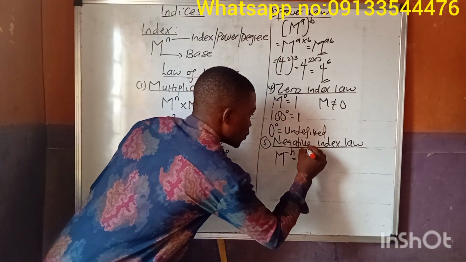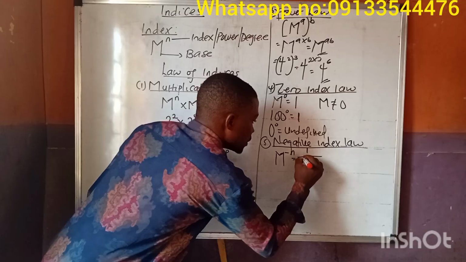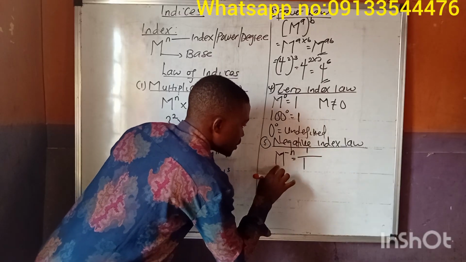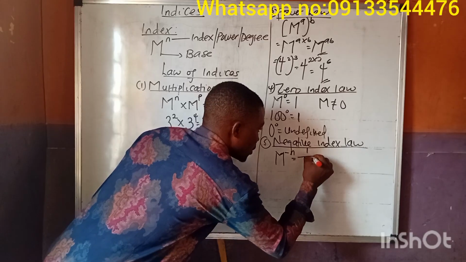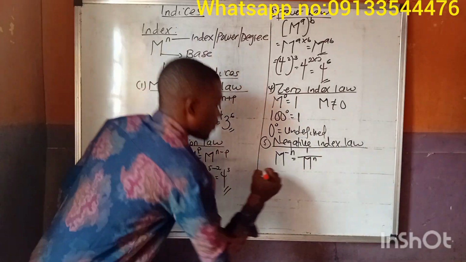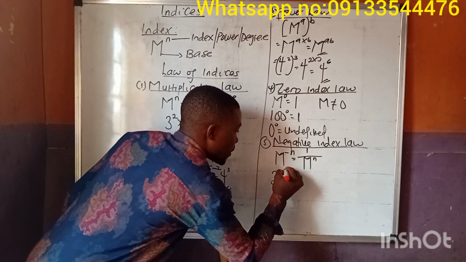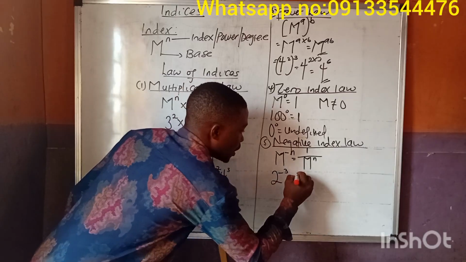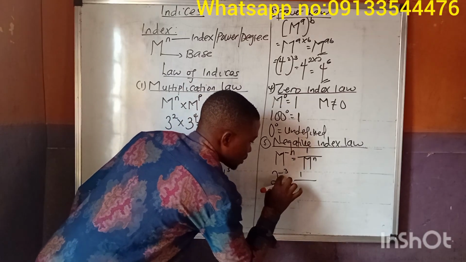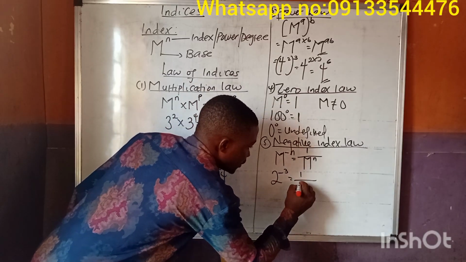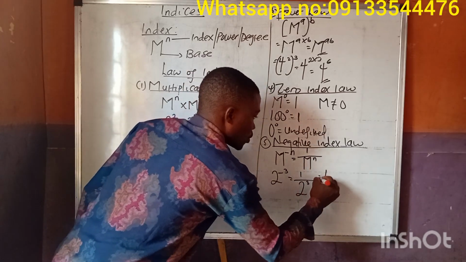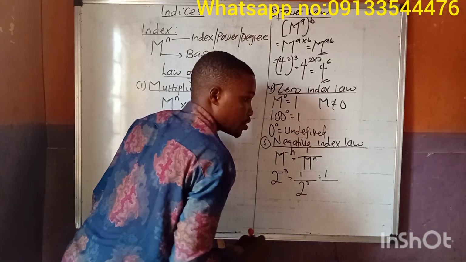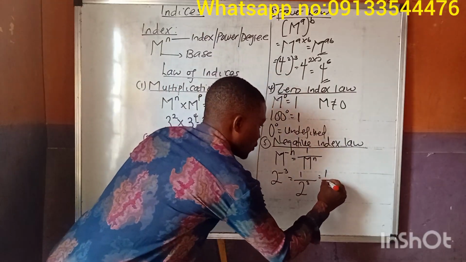So we have 1 over, this is the inverse, and you now join this base and this power together, you change to positive. m is to power a. For example, if I have 2 to power minus 3, I have a negative index. I'll have 1 over, then I'll have a positive base and index. You give me 1 over 2 to the power 3. 2 times 2 times 2, I'll have 8.